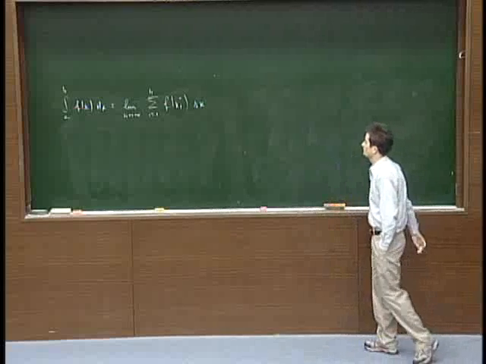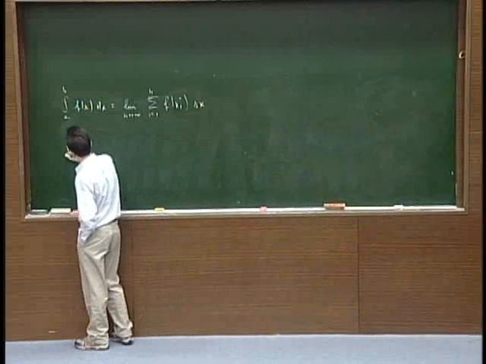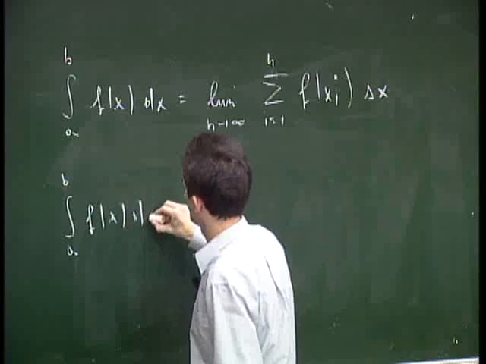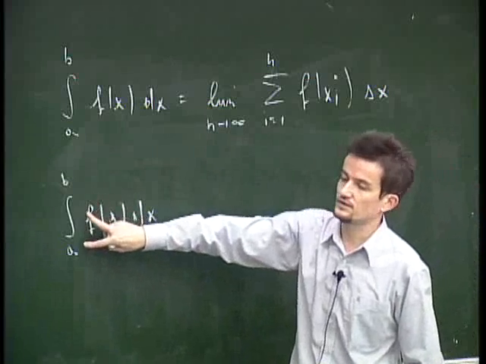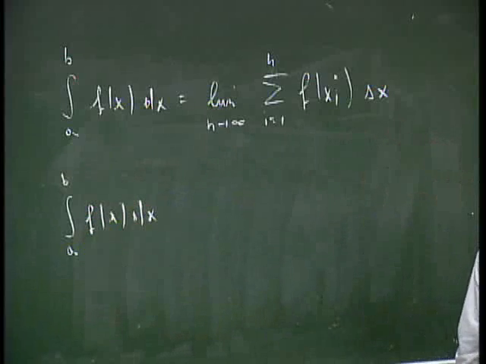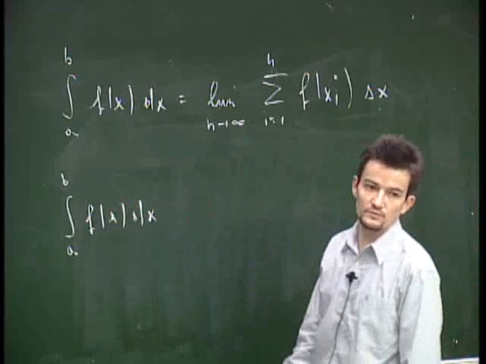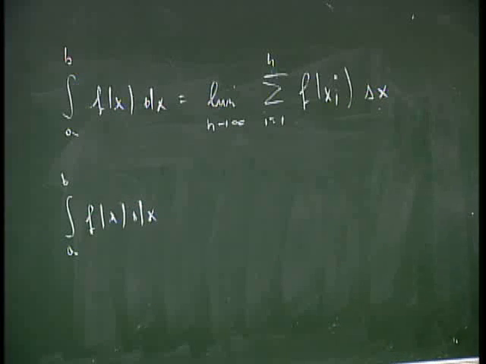Now, of course, the easiest rule is this: if you interchange upper and lower limit, what will happen to the integral? If you look at the definition, if you really interchange, the only thing which will change is the delta x, and it will change from positive to negative.